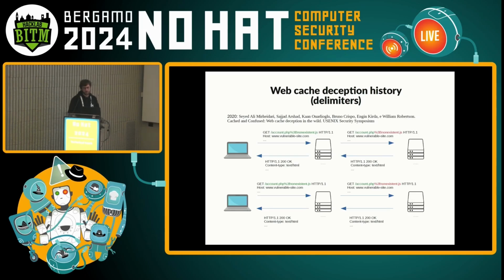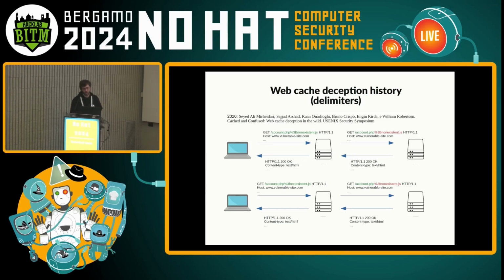So, for example, some origin web servers, if they receive a semicolon character, think that the path has ended here, and they don't take into consideration the part that came after the delimiter.